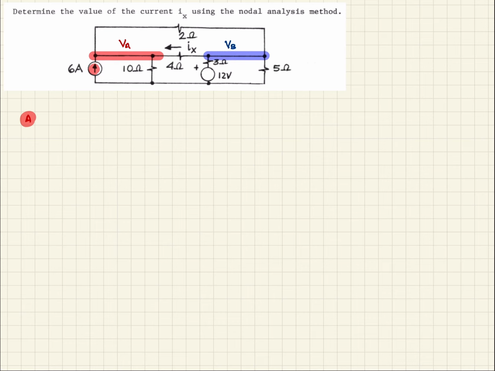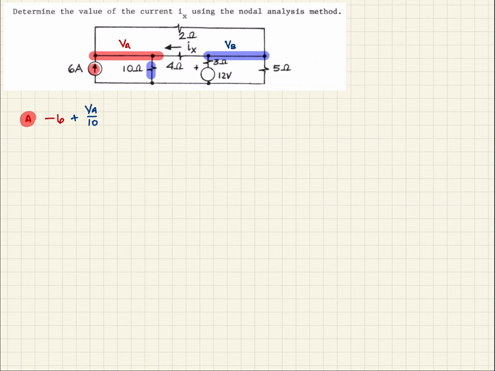So then that will be a negative 6 amps. And as we work down here a little bit, we have this 10 ohm resistor. So again, just using Ohm's law, the current in there is going to be VA over 10.